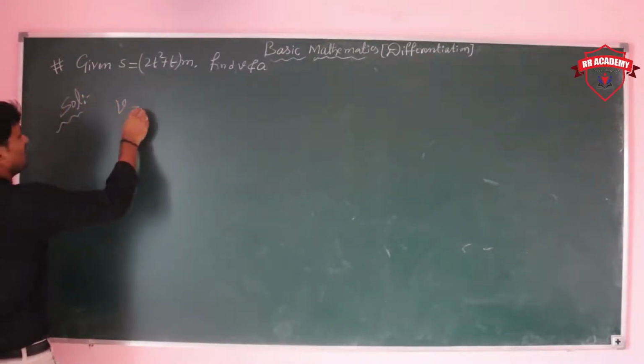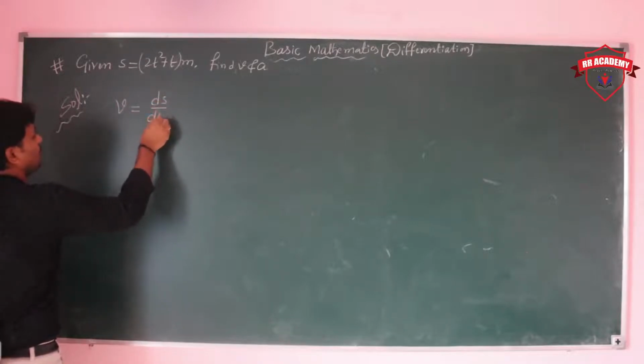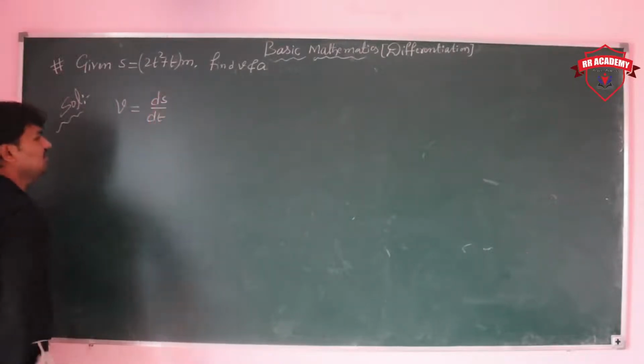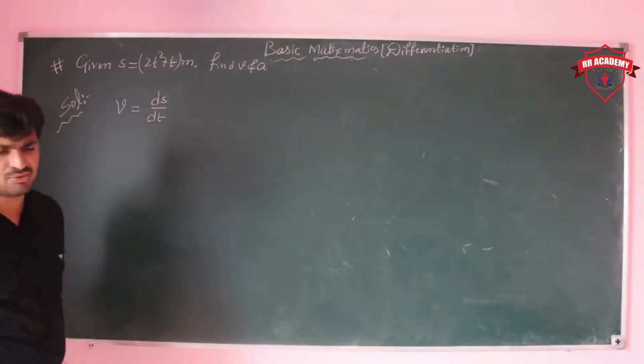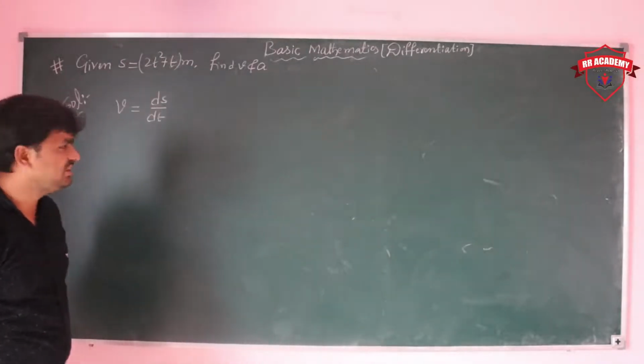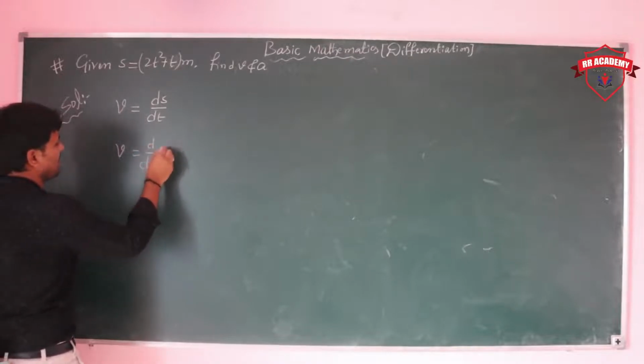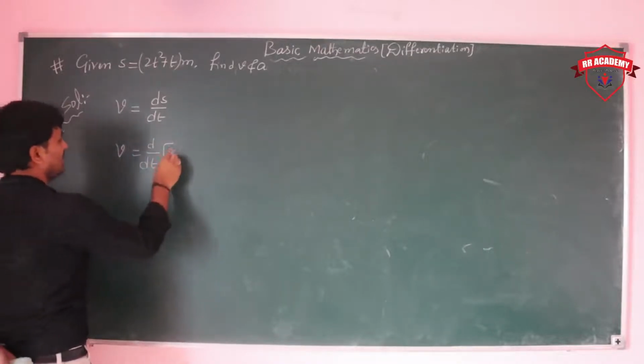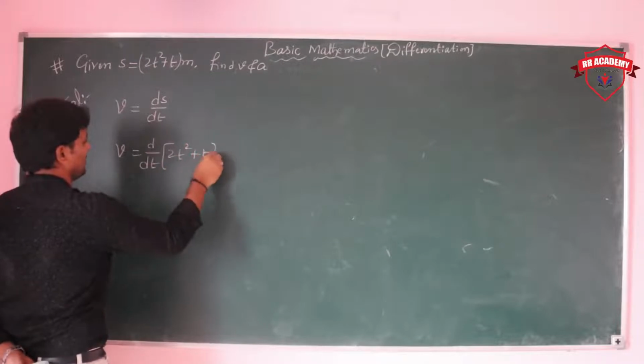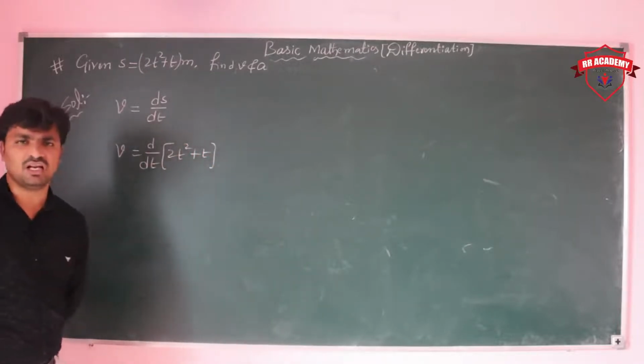First I want to calculate the velocity of the particle. The velocity v is equal to ds upon dt. That means v is equal to d by dt of s, which is 2t square plus t.